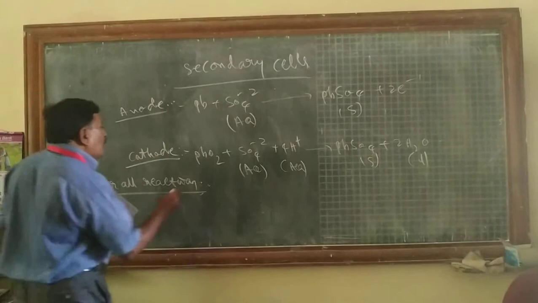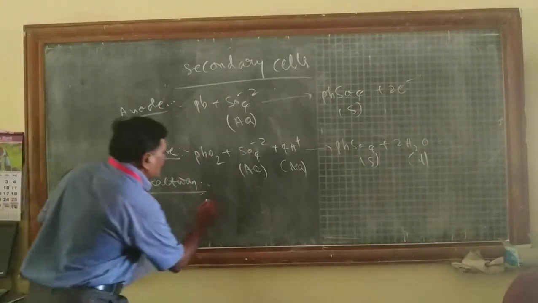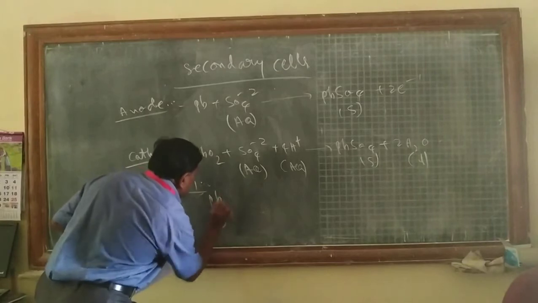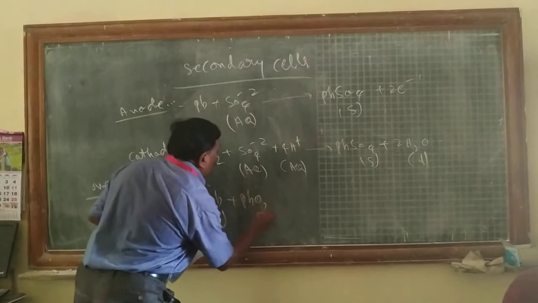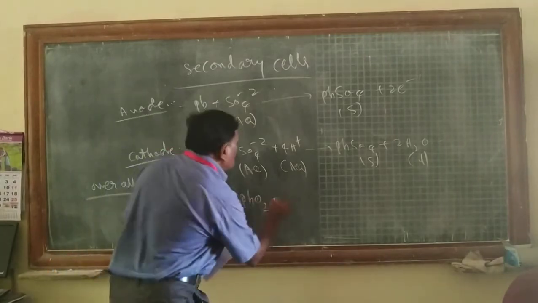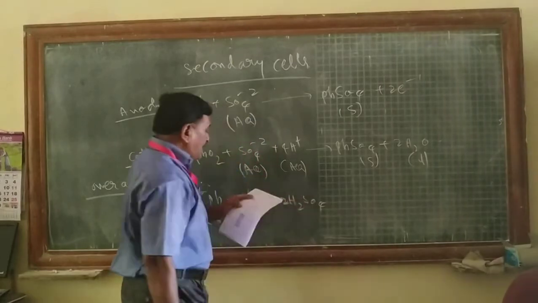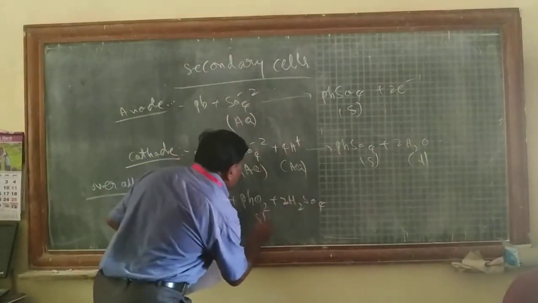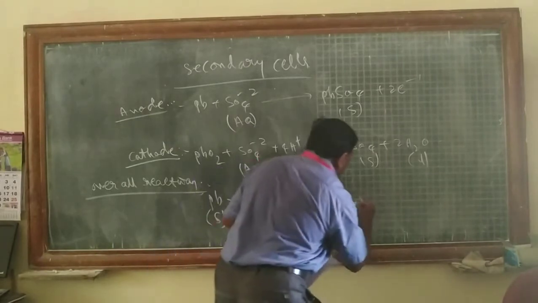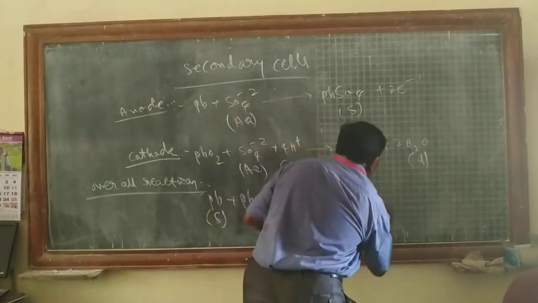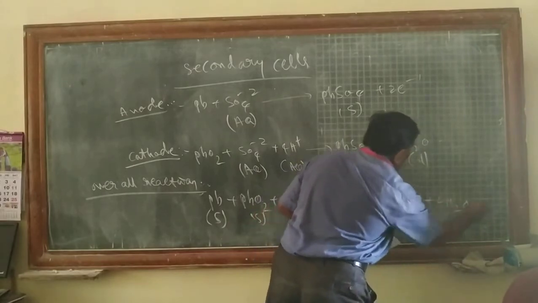So now the overall reaction in the secondary cell: Pb(s) plus PbO2 plus 2H2SO4, the lead and lead oxide being solid and the sulfuric acid aqueous, finally forms 2PbSO4 plus 2H2O liberated.